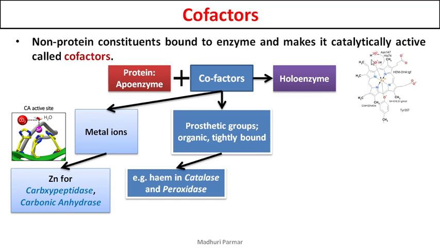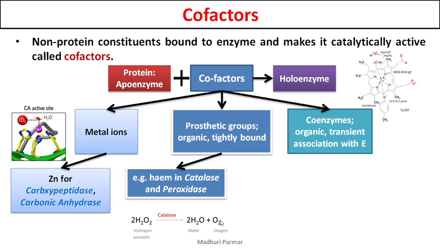This whole porphyrin plus the iron is called heme, a prosthetic group found in catalase and peroxidase, which we have heard about in peroxisomes. Hydrogen peroxide is acted upon by catalase to give you water plus oxygen.